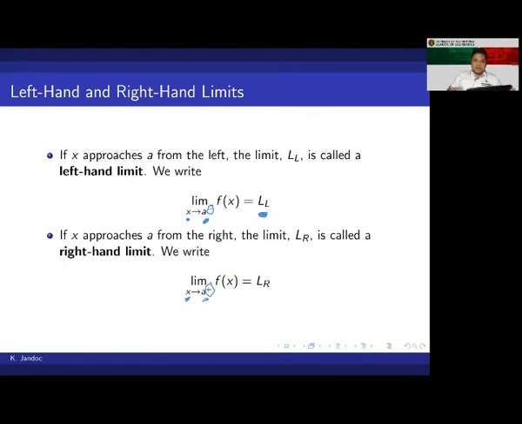If that value of the function approaches a number L sub R, then that L sub R is called the right-hand limit. These limits are not necessarily the same, as we shall see later. If you're approaching a from the left, the limit is called the left-hand limit. If you're approaching a from the right, the limit is called the right-hand limit.